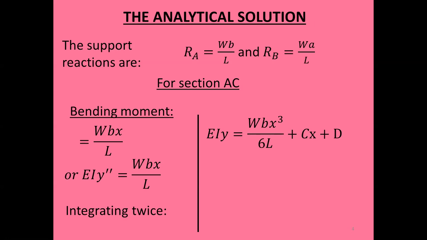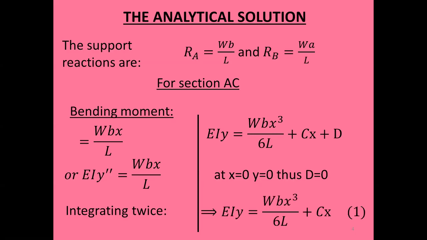It has two unknowns C and D which are going to be evaluated for the given boundary condition. In fact, at the moment only one of these unknowns can be evaluated. At x equal to 0, the deflection y is 0, therefore D comes out to be 0, which gives us equation 1 as the deflection equation for section AC.